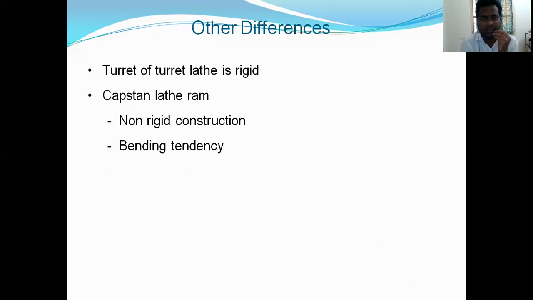If the ram is affected, automatically the turret is also affected because the turret is fixed on the ram, right? So bending tendency is there in the capstan lathe because of non-rigid construction.